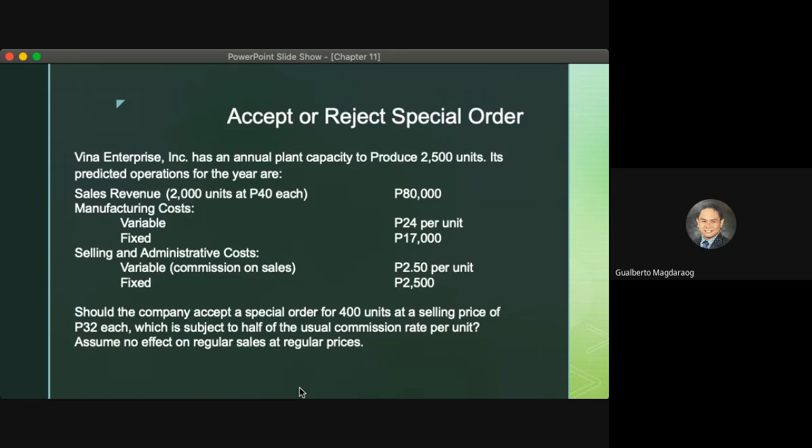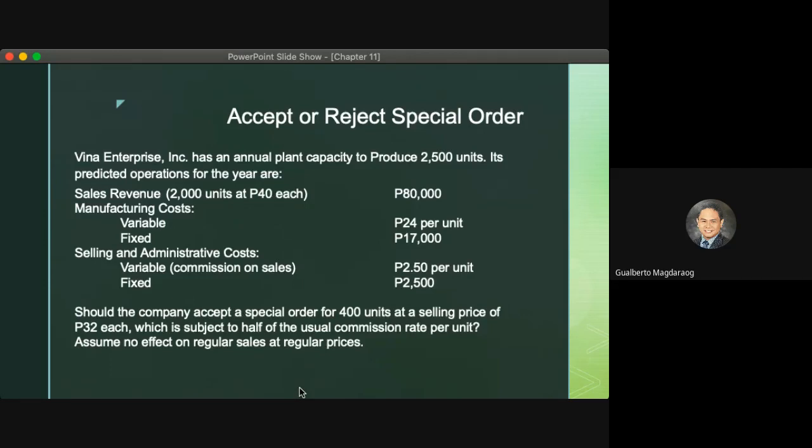Kaya ang magiging total income mo is 92,800. And then you also input all the other relevant costs. At the end, originally ang income mo is 7,500, magiging 10,200. So ganyan lang naman yung dalawang approach. Pwedeng incremental, pwedeng total project approach.